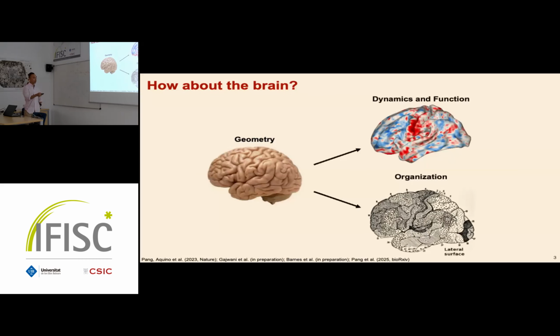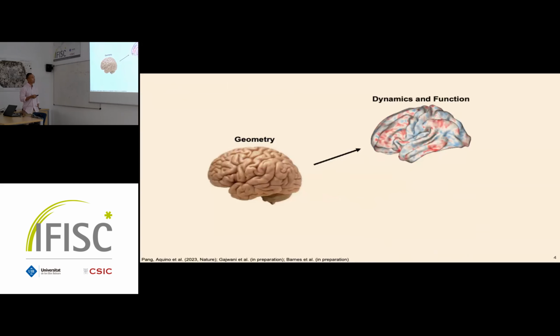And also, again, as I mentioned, the way areas are organized in the brain. So I'm going to focus on these two things that we've been working on in the lab. I'll start with the top one, dynamics and function.